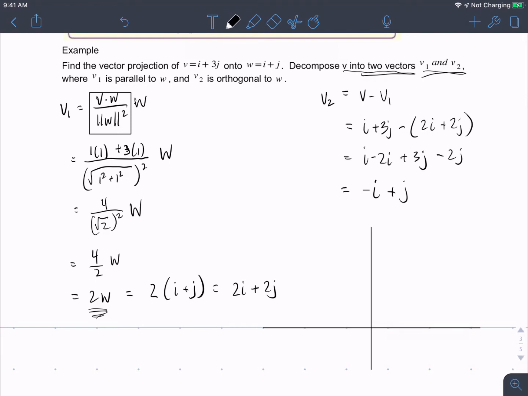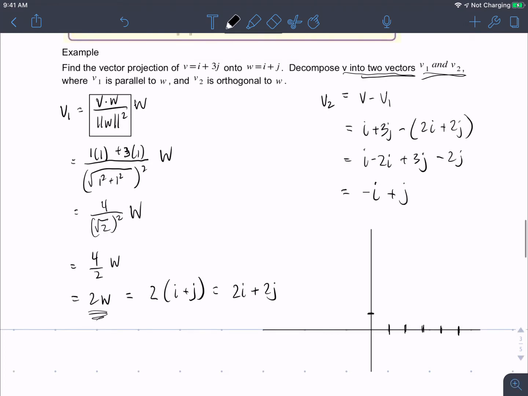Okay, so what I'm going to do is mark 1, 2, 3, 4, and 5 on each axis, and I might need one more, so I'll go 6 up here just so you can see it. W we see is i plus j, so that's this point.